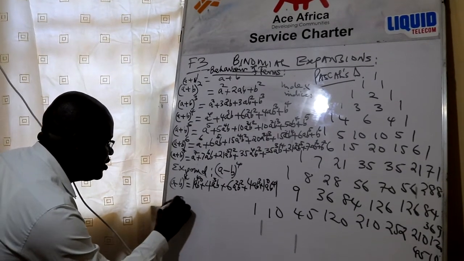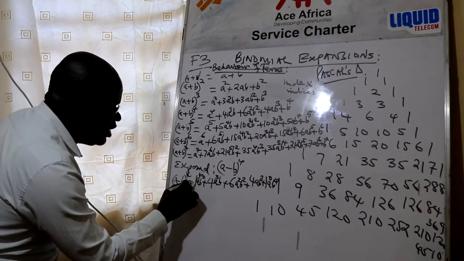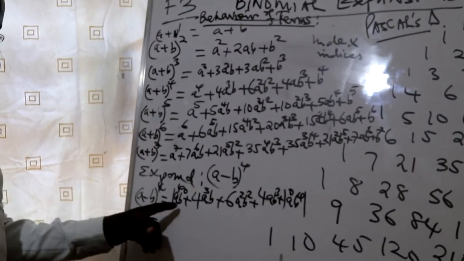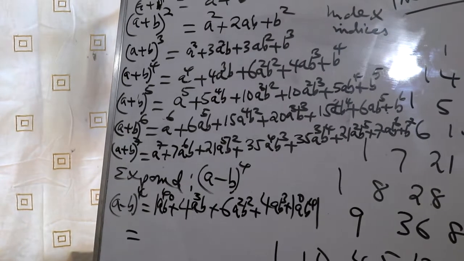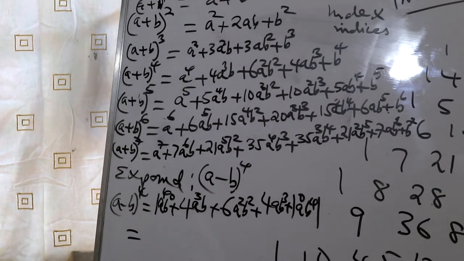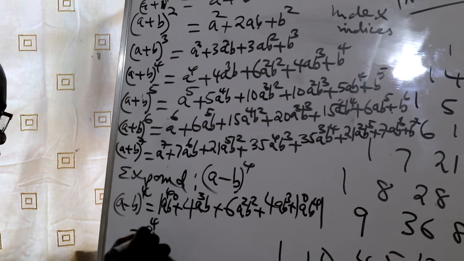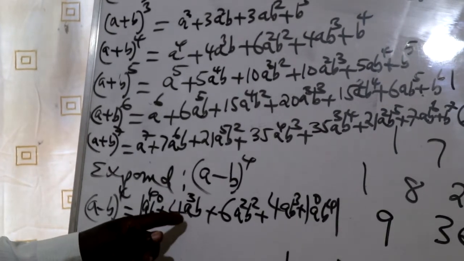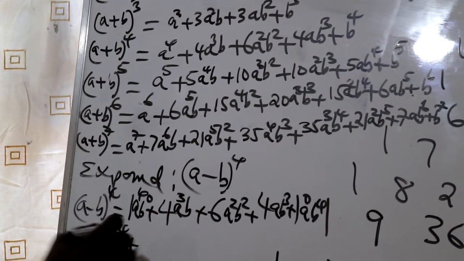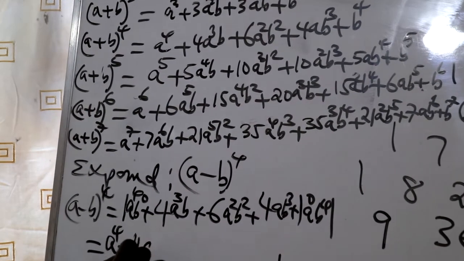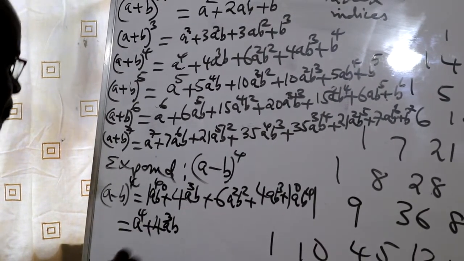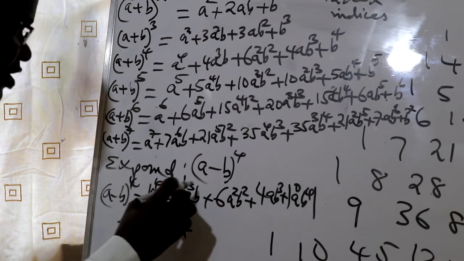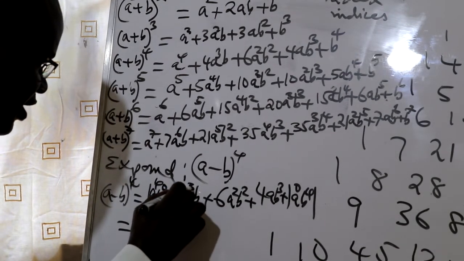Then now we take out the answer. 1 times A raised to 4 times B raised to 0. Any number raised to 0 is 1. 1 times 1 is 1, times A raised to 4 is A raised to 4. Plus 4A cubed B. That one has no complication, so we write it here: 4A cubed B. Wait, this is negative here.